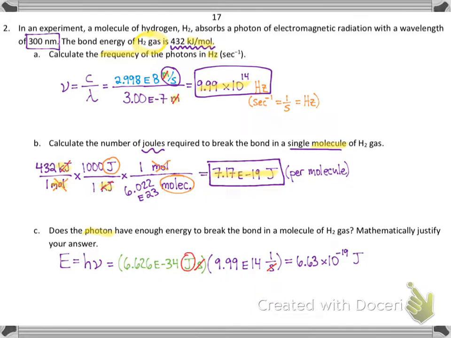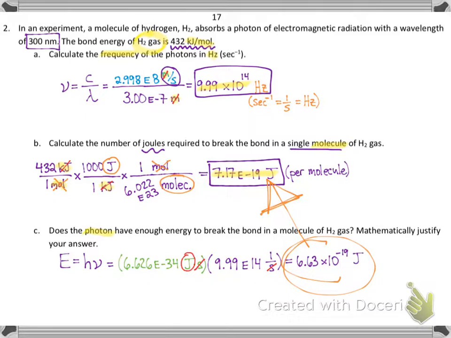We wanted to know, does this photon have enough energy to break the bond? Well, you have to compare the energy of the photon versus the energy it takes to break the bond. Uh-oh. The energy of our photon is lower than the bond energy, which means, too bad, so sad, it does not have enough energy.